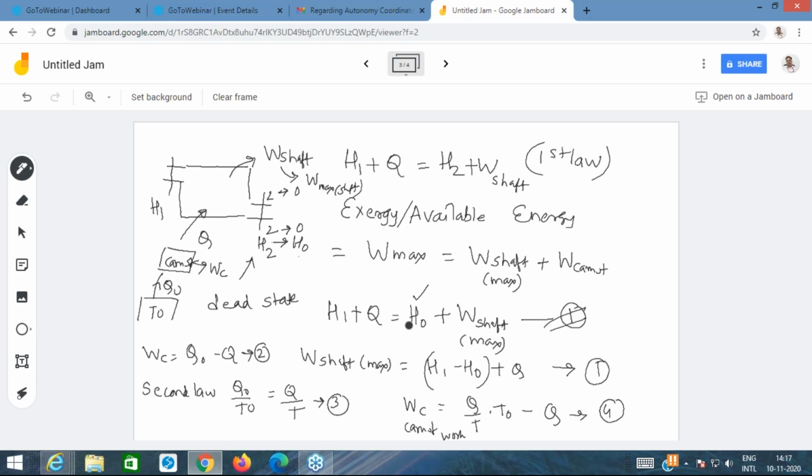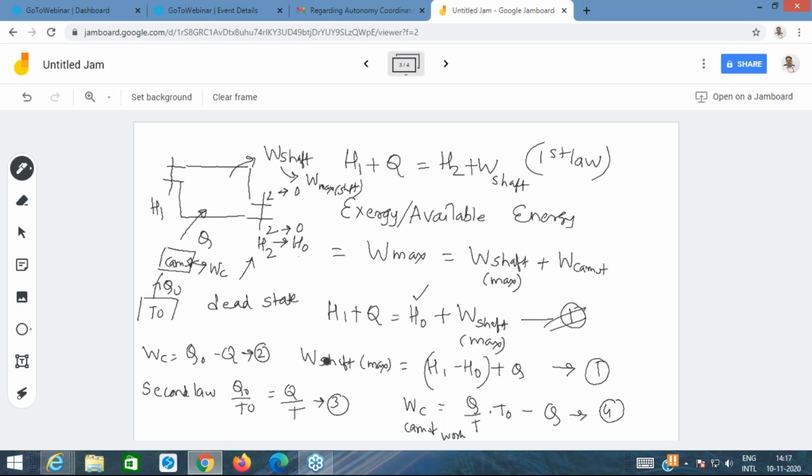So W shaft is equal to H1 minus H naught plus Q. This is equation 1.